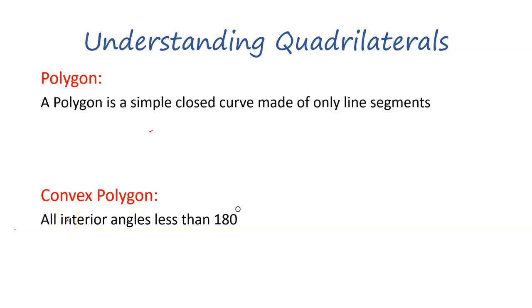So I can have a square, I can have a rectangle where I use only line segments, and I can have a triangle, multiple types of triangle, because all these are closed and also made up of only line segments. Such types of things are said to be polygons.